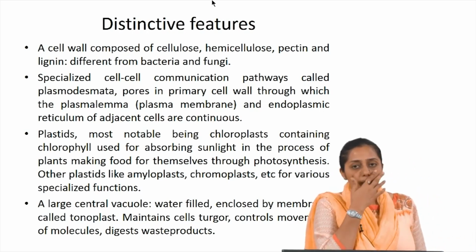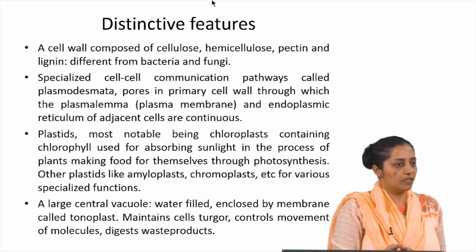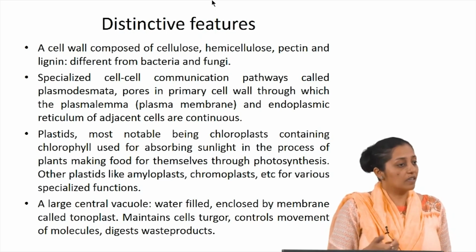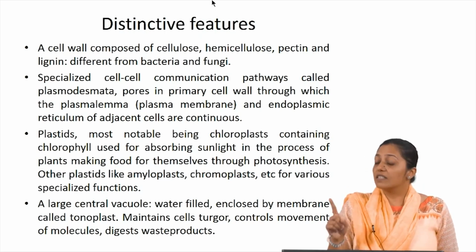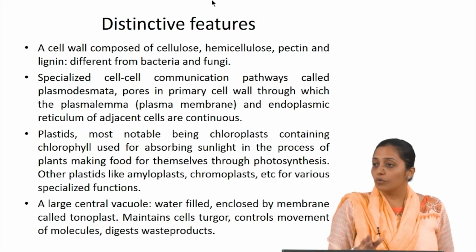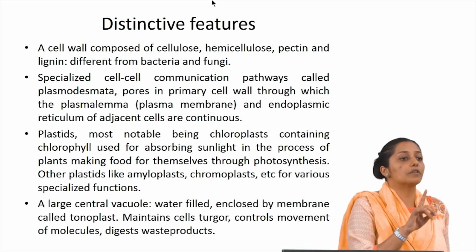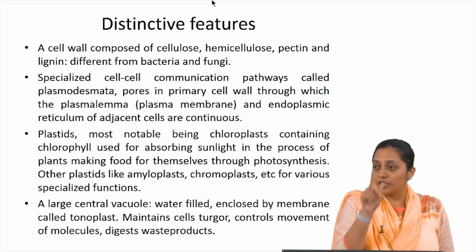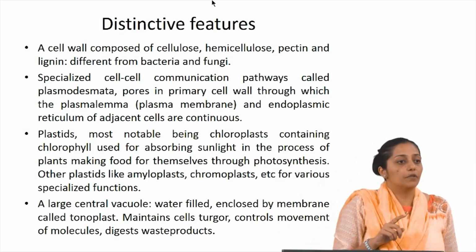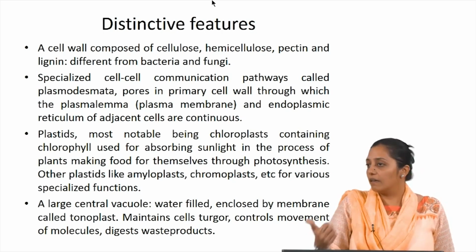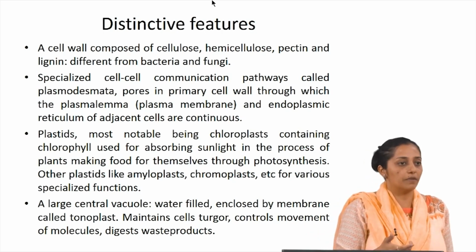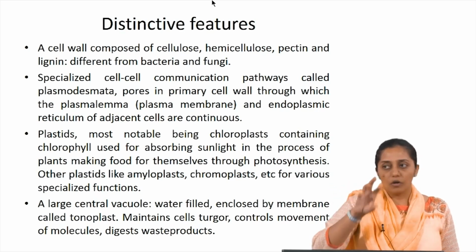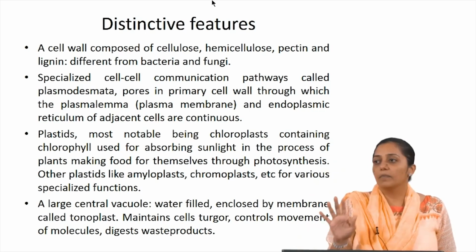So then talking about plasmodesmata, another distinctive feature in plant cells. Cell-cell communication pathways. Chloroplasts are distinctive, which means plastids. Plastids are not only for photosynthesis or storage, but sometimes in secondary metabolism, you will find that they are the site of synthesis of certain intermediates of biosynthetic pathways. If you see certain biosynthetic pathways like the alpha tocopherol or vitamin E biosynthetic pathway, you'll find some part of the secondary metabolic pathway is also carried out in plastids.